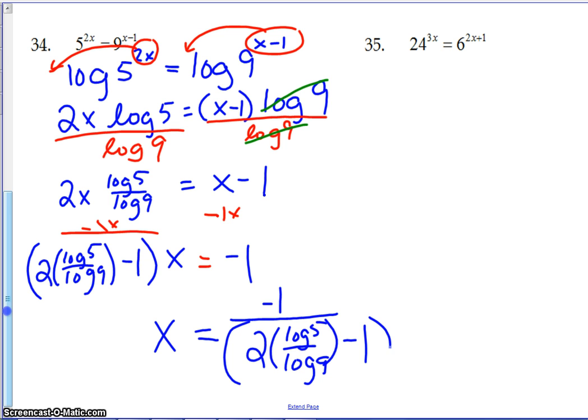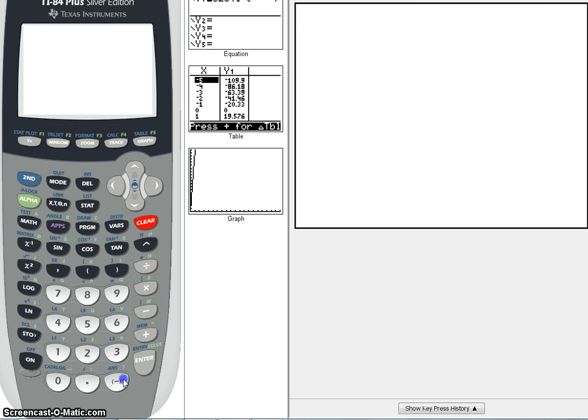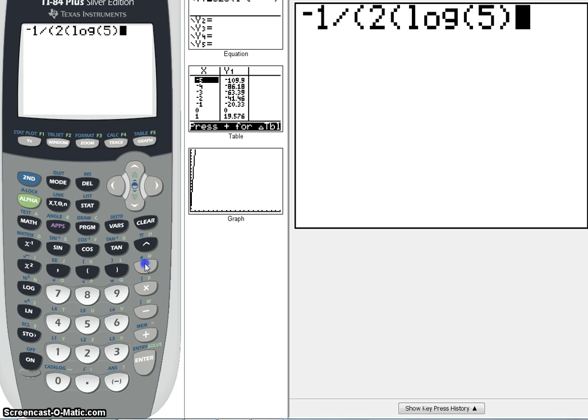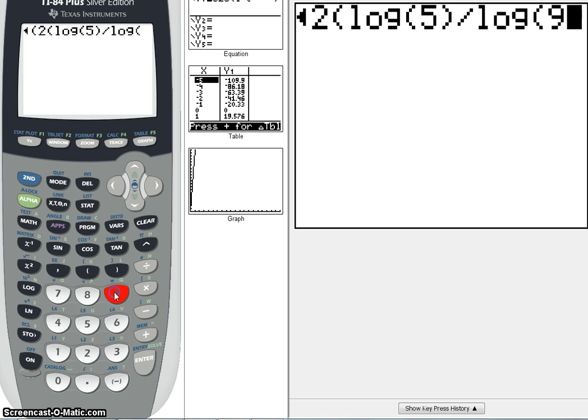Not easy to put into a calculator, but you can put it into a calculator. A lot of times you do get these messy values. So let me do that. What we have is we started with a negative 1 there, and we said divided by, and we have to have parentheses over everything we divided by. We multiplied it by 2, and then times the log of 5 divided by the log of 9.